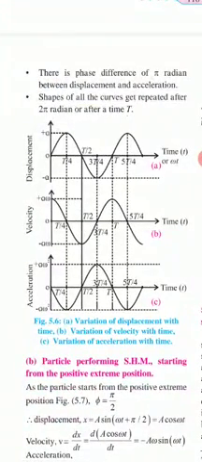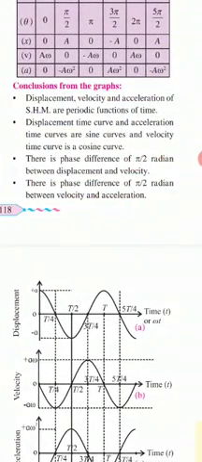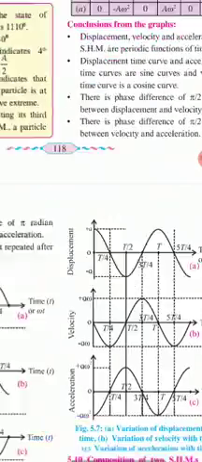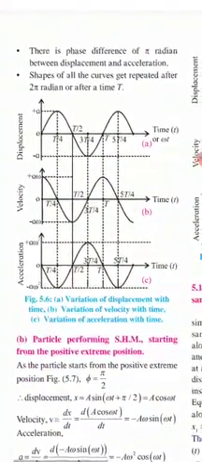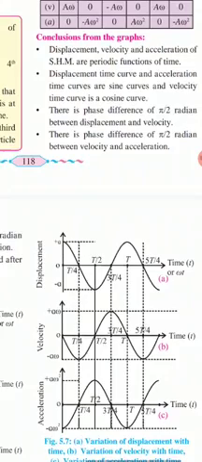So both are sine curves because they start from the mean position. Now what about the second? The velocity-time curve is a cosine curve. This second graph B, the variation of velocity with time, is a cosine curve, meaning it starts from the extreme position, that is plus a omega.